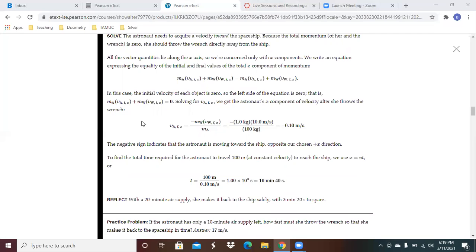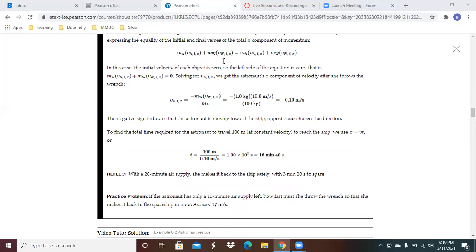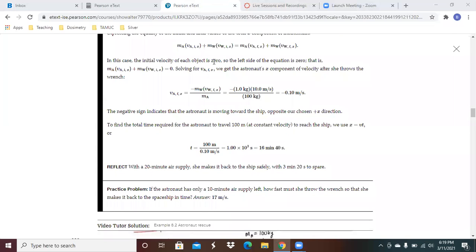In this case, the initial velocity of each object is 0 because they're not moving, relative to the spaceship, I should qualify that. So the left side of the equation is going to be 0. That isn't moving and that isn't moving, so all of that just disappears.